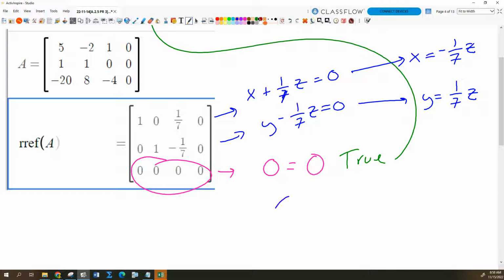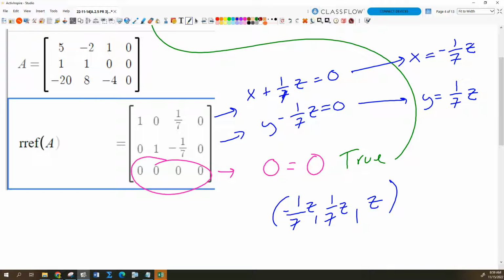So if I wrote an ordered pair out here, look how I could write this. I could write x is equal to negative 1/7 z, y equals positive 1/7 z, and z could be any real number. Look what that does then. What if z is 7?